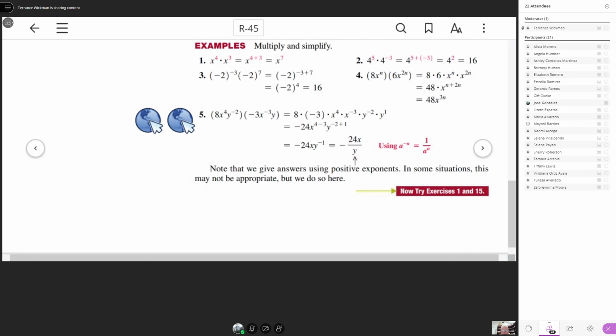And that's what you see in the next line. X to the fourth and x to the negative 3, you add them. 4 minus 3 is 1. You got x by itself. Boom. Y to the negative 2 and y means you have a 2 and a 1 gives you a negative y. So y, since it's negative, just goes in the denominator. That's easy now. That's what this was all about. Changing that negative exponent to the denominator.